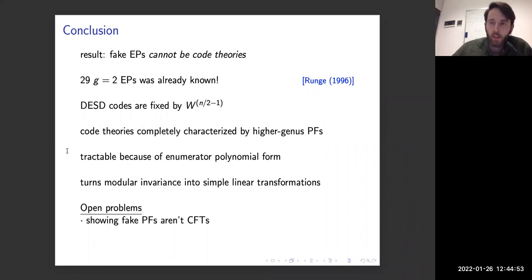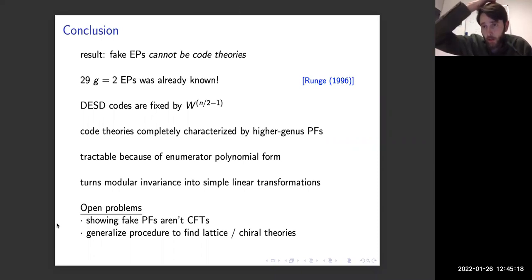You would only be able to tell that it's not a code theory. So now this problem also exists in the quantum case. Maybe one way of attacking this could just be the traditional modular bootstrap. You have this fake partition function, you can easily extract a spectrum, and then you could just try to understand if it's real from that point of view.